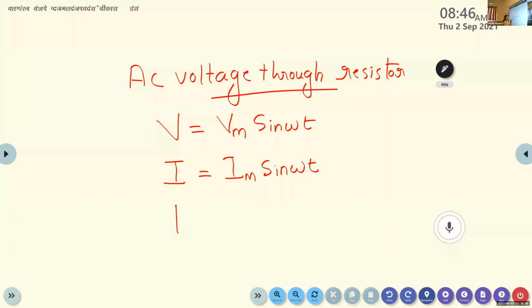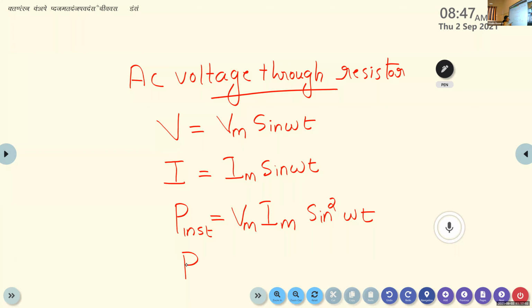And the instantaneous value of power that is generated in a resistor when it is connected to an AC voltage is given by P instant is equal to Vm Im sine square omega t.